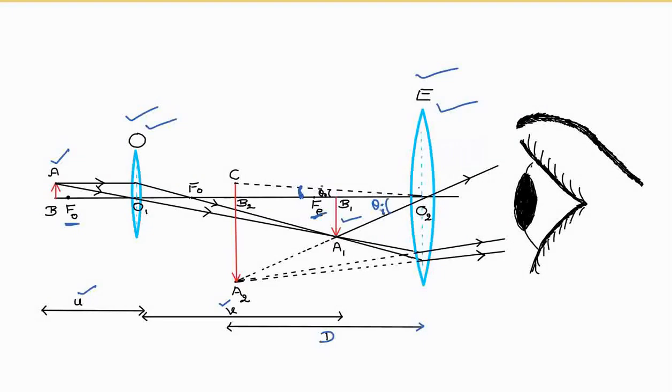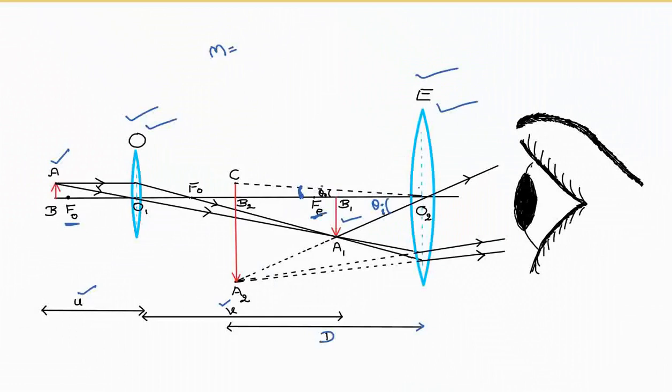And according to the definition, magnification is the ratio of the angle subtended by the image at the eye to the angle subtended by the object at the eye when both the image and object are situated at the distance of distinct vision. So see here, this B2C is the position of the object and B2A2 is the position of the image at the least distance of distinct vision.